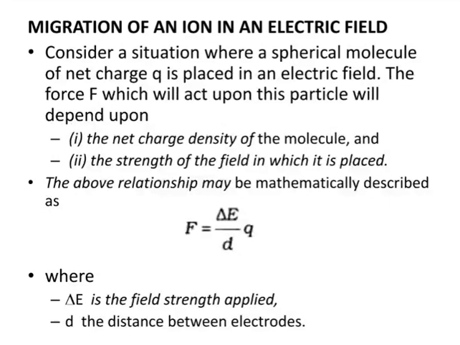When you place a spherical molecule having net charge Q in the electric field, an accelerating force F will act upon the particle, and this force depends upon the net charge of the molecule and the strength of the field in which it is placed. We can write this relationship mathematically as F is equal to delta E upon d into Q, where delta E is the field strength applied and d is the distance between electrodes. Q is the net charge of the particle.